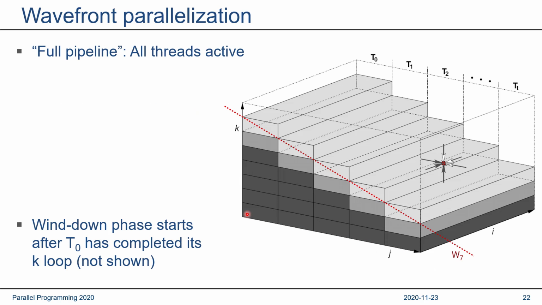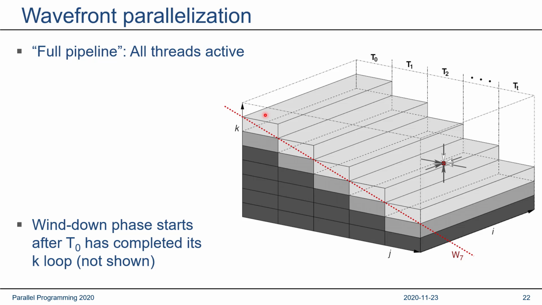This is a picture of the fully developed pipeline phase. All threads are active. So thread number 0 gets the first block, thread number 1 gets the second block, 1 coordinate down in K, thread number 2 gets the third block, and so on. And all threads are active. Now, of course, when the sweep nears its end, this is when thread number 0 hits the top of this box. Then the wind-down phase starts.